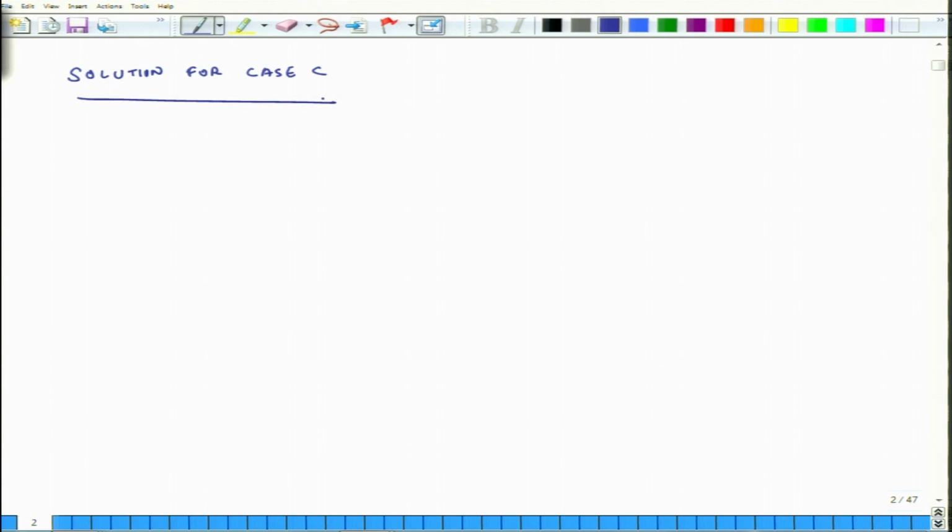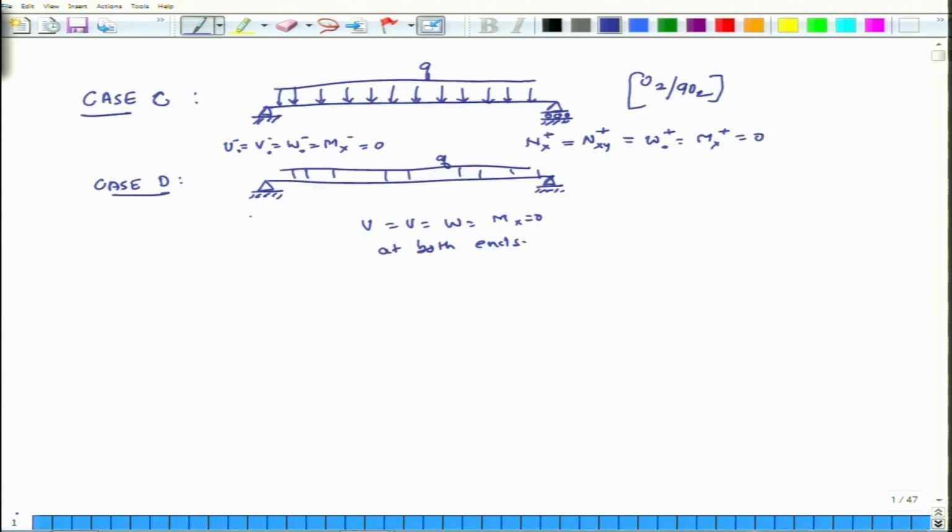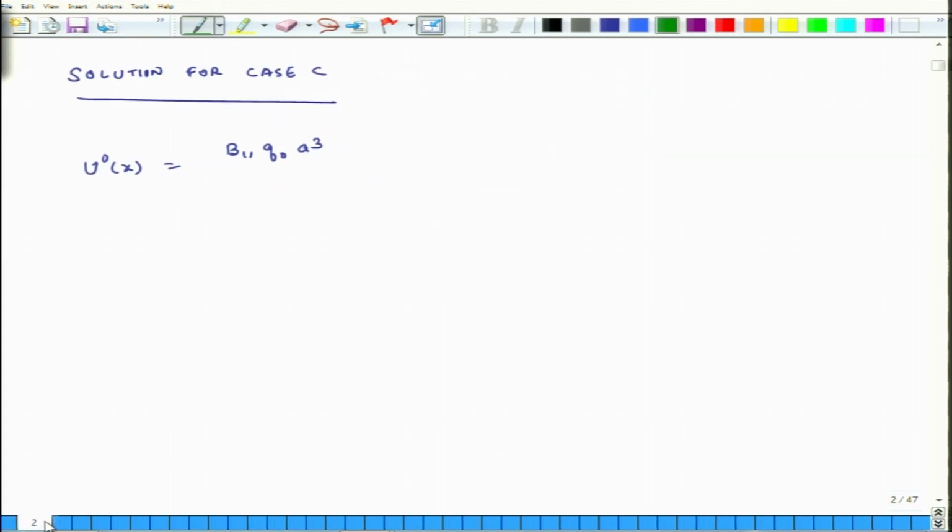The solution for case C by solving the differential equations, it was u naught of x equals b11 q naught a cube, and a is the length of the plate. Just to recap, the coordinate system is located at the center. So, x is 0 at the midpoint of the length of the plate.